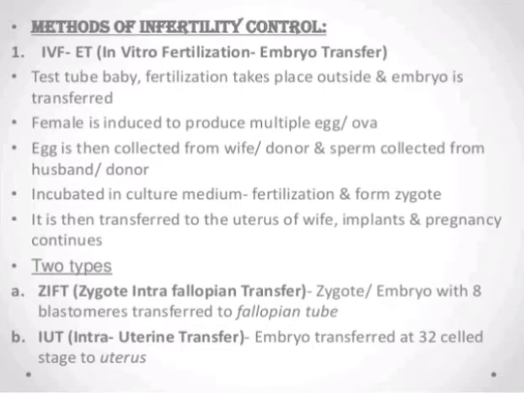In intrauterine transfer, the embryo is transferred at the 32-celled stage to the uterus. Or we can also say that embryos with more than 8 blastomeres are transferred into the uterus in intrauterine transfer to complete further development.